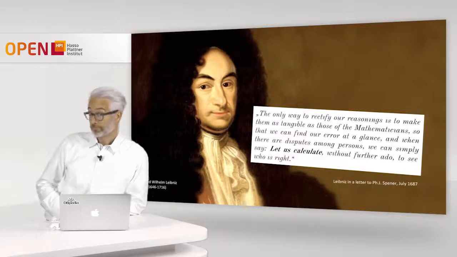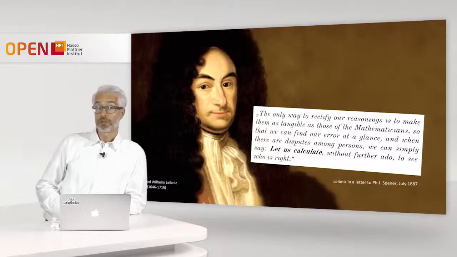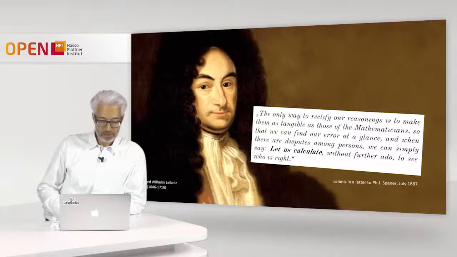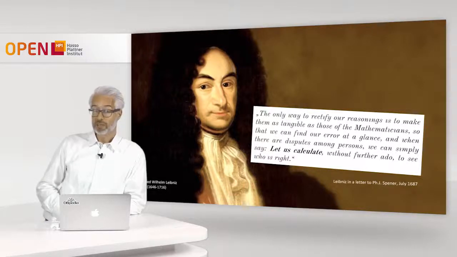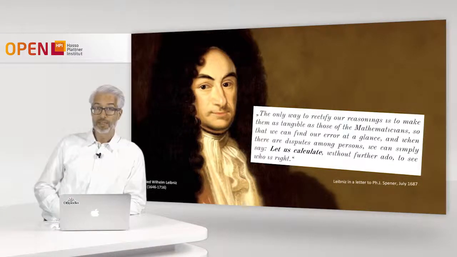Of course, this idea is rather old. Maybe you know this guy. This is Gottfried Wilhelm Leibniz, one of the greatest mathematicians of all time. Besides inventing calculus, there was a long dispute between him and Newton about who was first to define calculus. He also had the idea of automated reasoning.